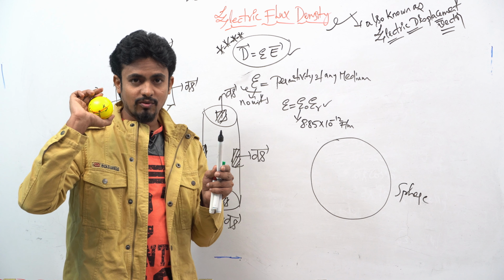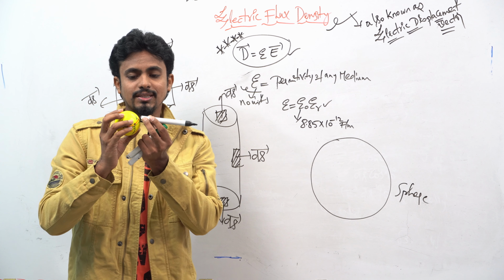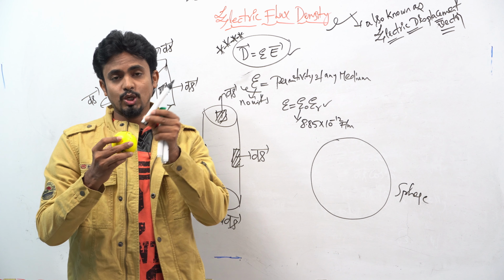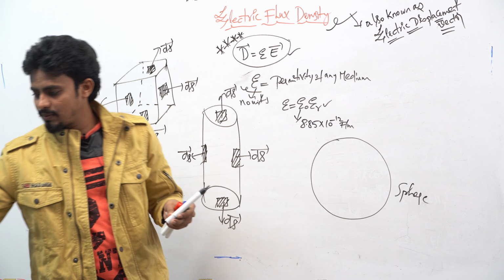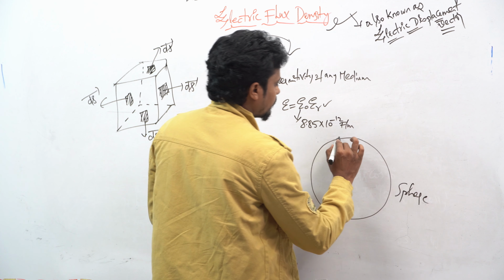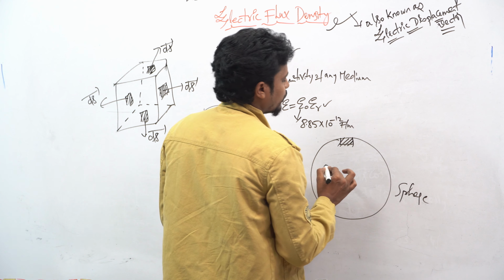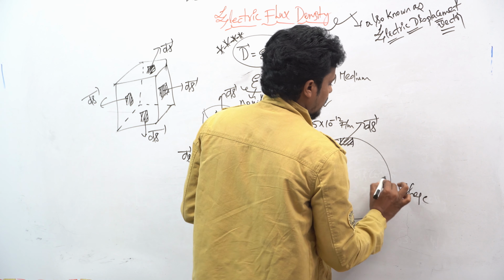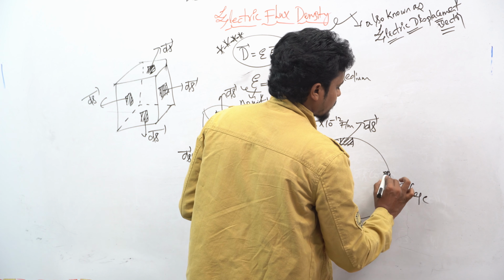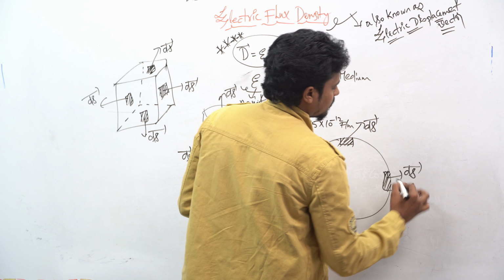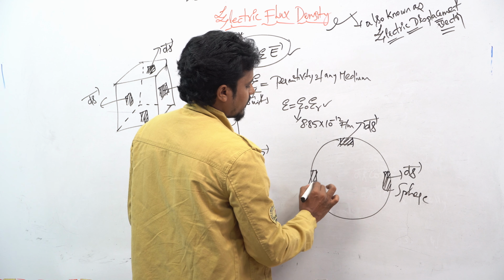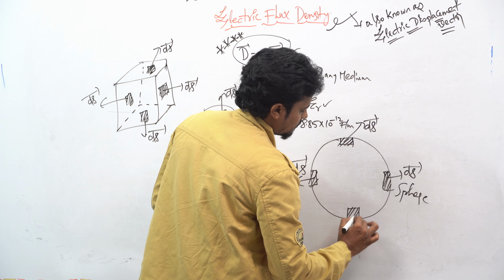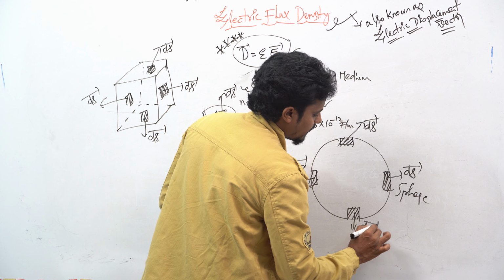Because inside the ball there is a lot of mass present. Outside is possible, but inside it can't go. If you want to find the differential surface here, it will be like this, dS bar. Similarly, you can find another differential surface like this. Outside is only possible, inside it can't go, right? This will become your dS bar.